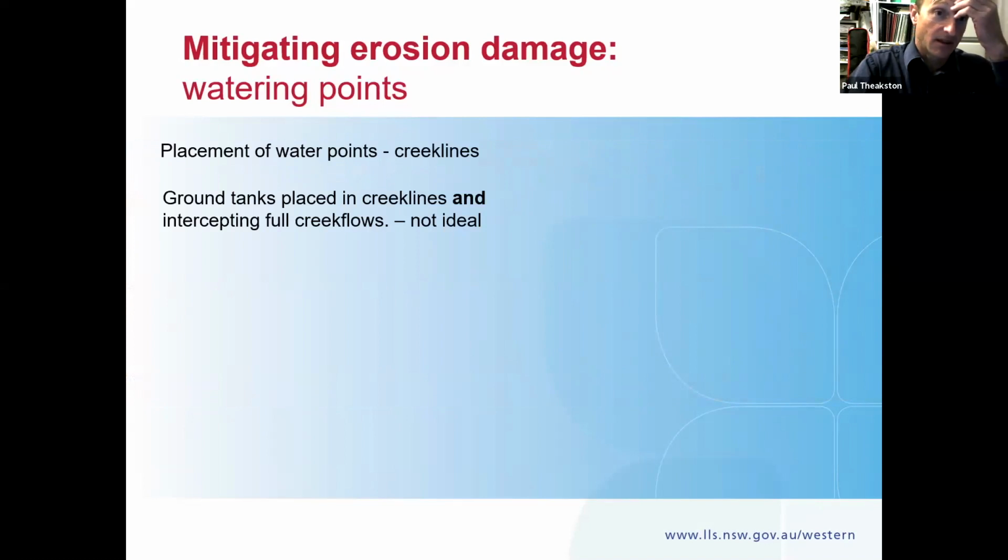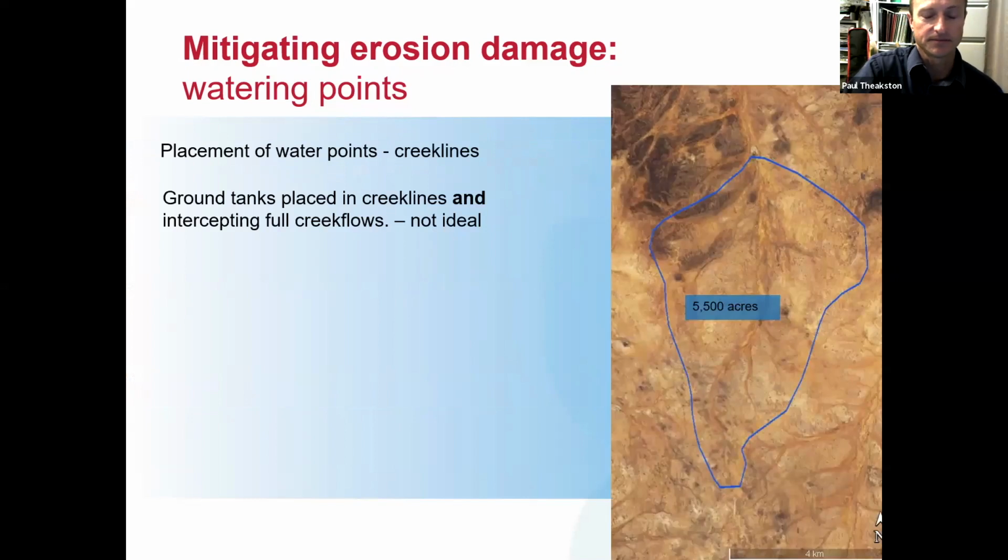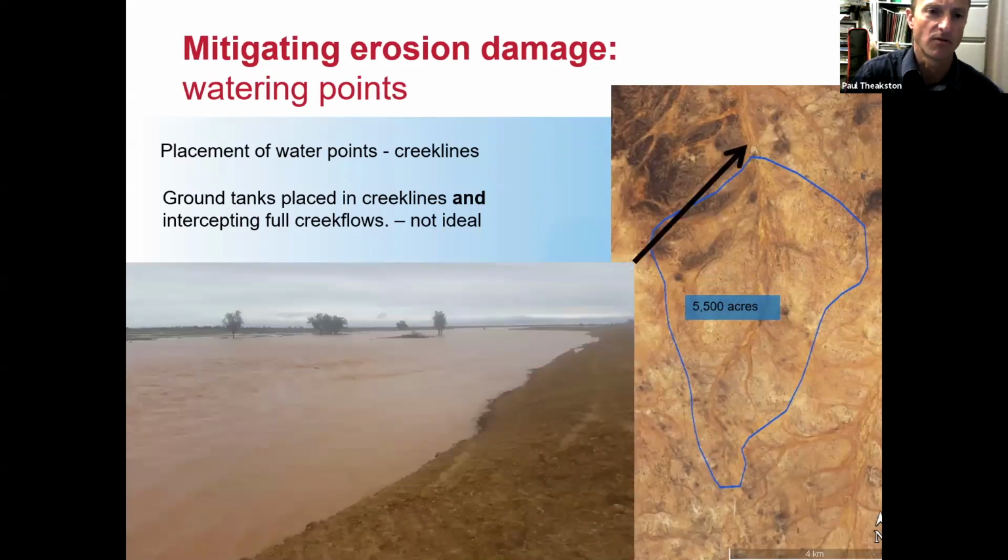But another placement of water points is in creek lines. So in this situation, where you have a ground tank that's in a creek line and it intercepts the entire flow of the creek, it's not ideal, because what happens is you've got to deal with the bywash water.